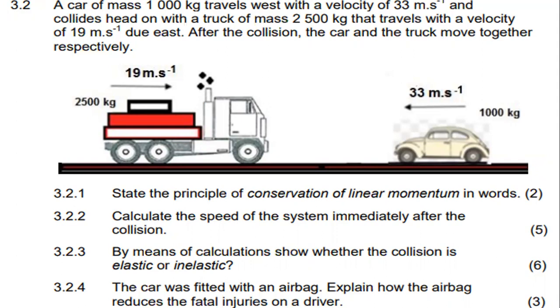But if the airbag is there, the net force becomes smaller and the injury becomes less fatal. So the question is, how does this airbag decrease the net force? We then need to check the relationship between the variables that can cause the net force to decrease.